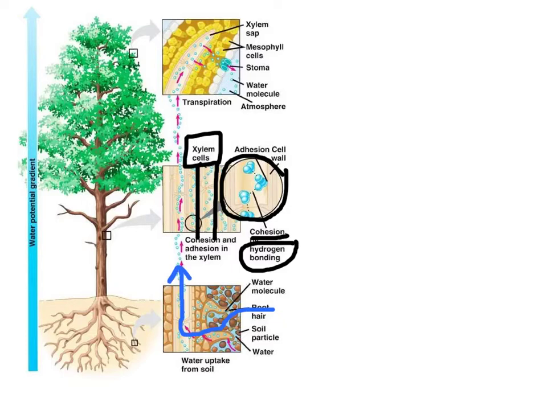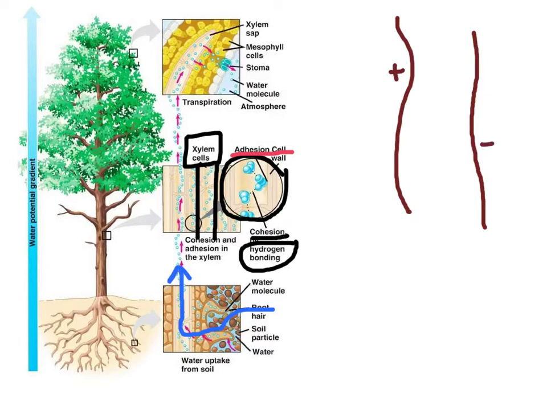Then there's also adhesion to the inner walls of the xylem. That means that the walls, just like the glass in the previous picture, have some charges, and the water molecules are attaching to those charges, and that's what allows the water to climb upward. So if you pictured the inside of the xylem tissue, there might be, say, a positive charge right here, and maybe a negative charge right here, and just the occasional charge is enough for the water to adhere its way up, with the positive hydrogen end of the water molecule attracting to negative charges, and the negative oxygen end attracting to positive charges.